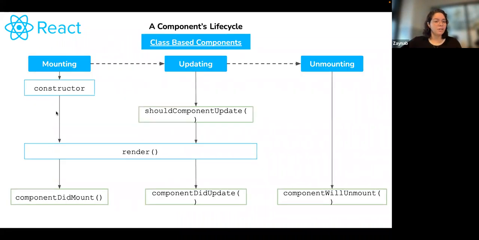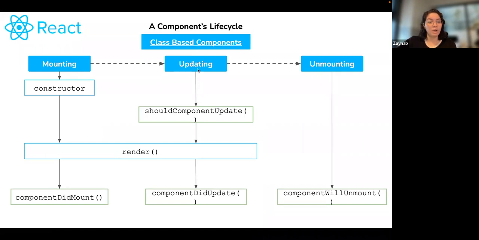Just to give a better show of when each are happening. When a component mounts, it calls the constructor of that component, which with the functional version we don't really have to care about, if I'm not mistaken. So it calls the constructor and then it renders. After it renders on the page, component did mount happens.